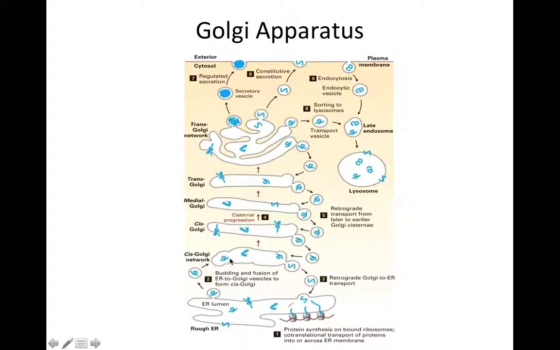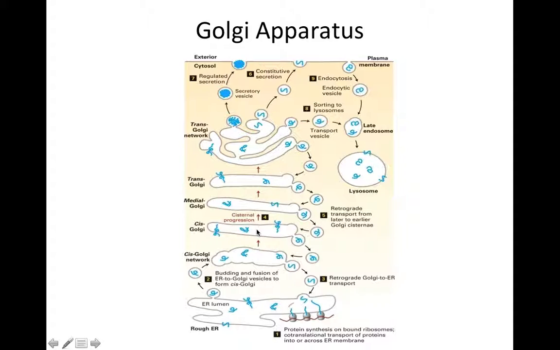And then the protein gets deposited and it undergoes folding in the different Golgi compartments. The Golgi apparatus is made up of the cis Golgi, the medial Golgi, and the trans Golgi. So this entire thing here is known as the Golgi apparatus.